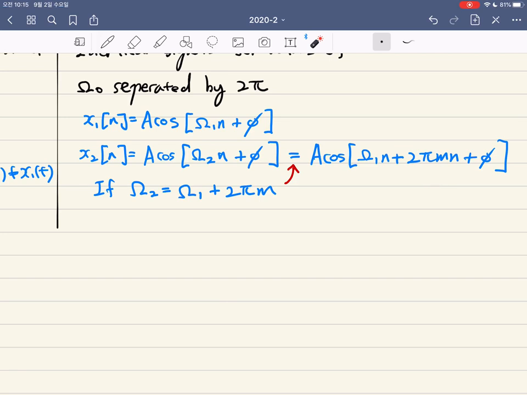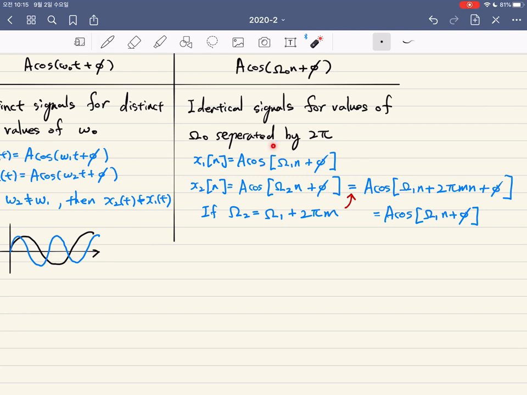Therefore, with the property of the sinusoidal wave, this can be cancelled, and we can express this term as this one, which is equivalent to the first signal. Therefore, you can say that the signals are identical with a frequency separation of an integer multiple of 2 pi.